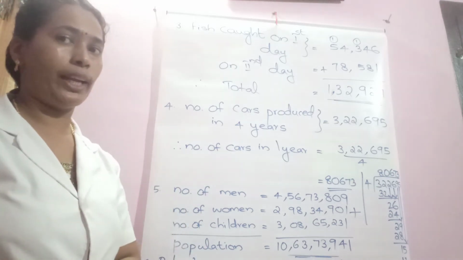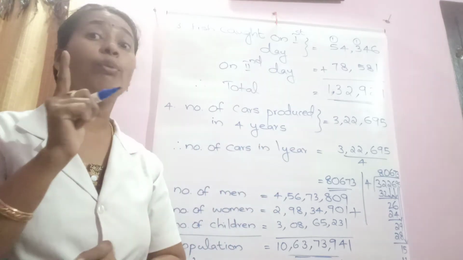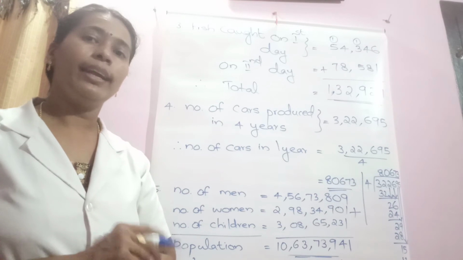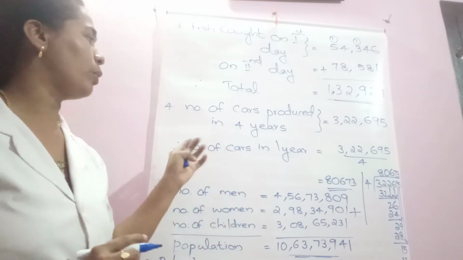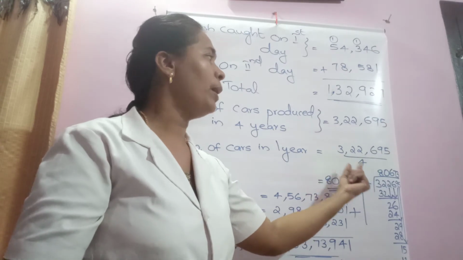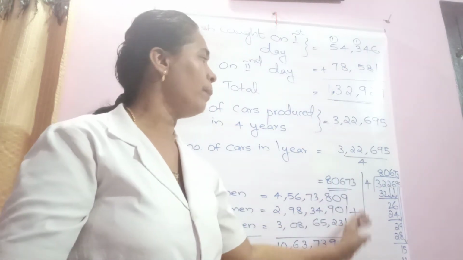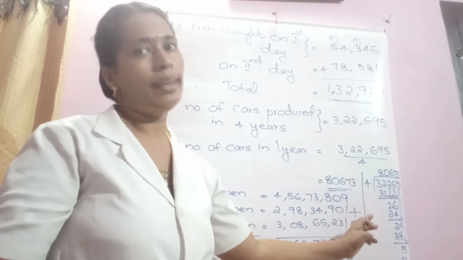How do we calculate? Many is given. We have to calculate for 1. So what do we need? Division. So we have to divide 3,22,695 by 4, using the usual division method. Let us see how to do the division.